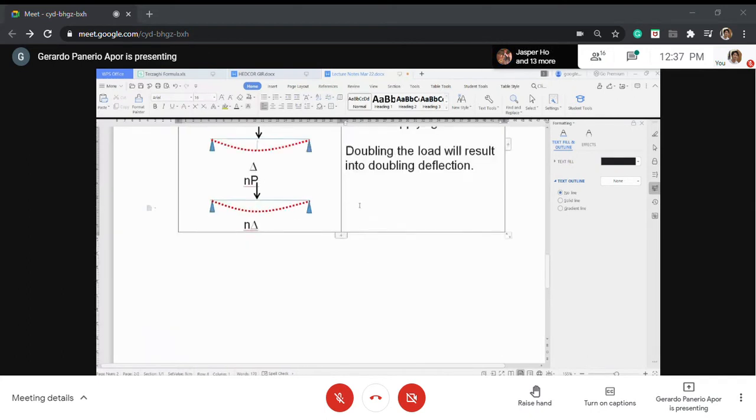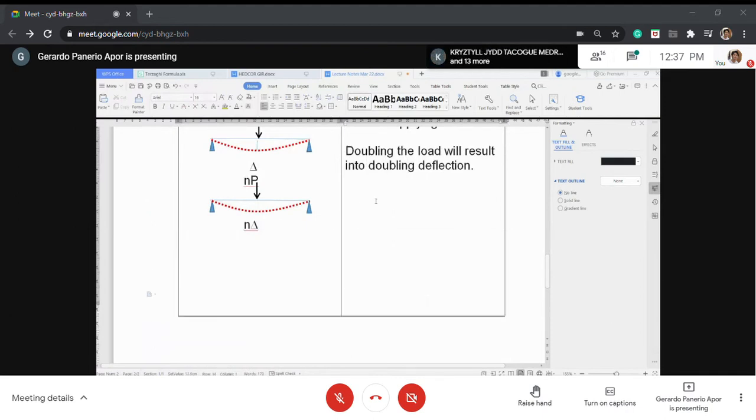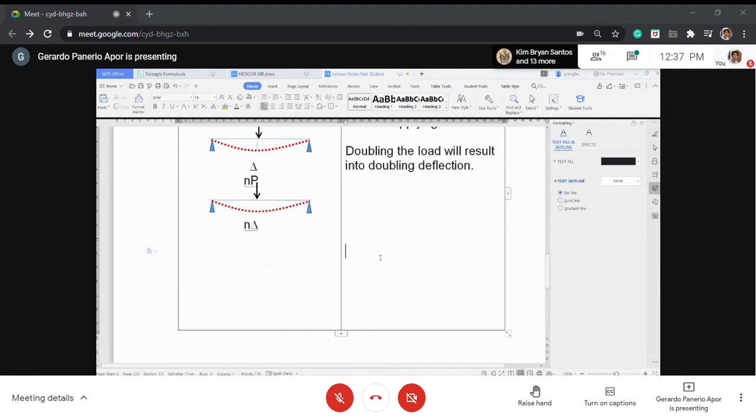Now, another case is we will extend it larger. We will use notation. Why do we make notation? For convenience purposes.